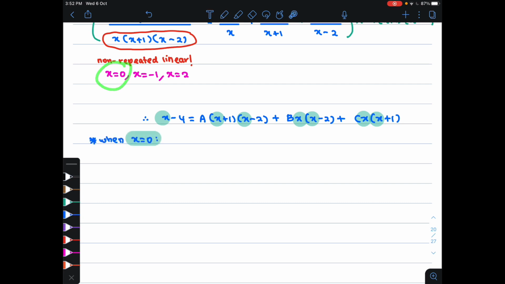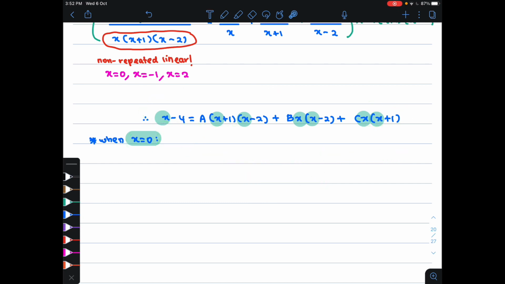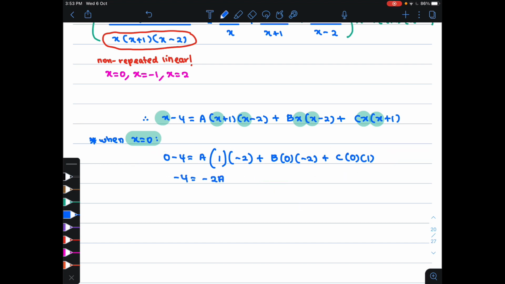Let's start with x equal to 0. Note that this term will give you 0, and this one will also give you 0.